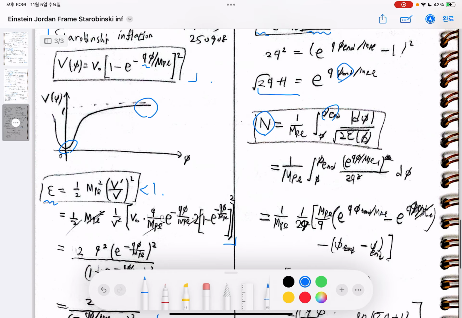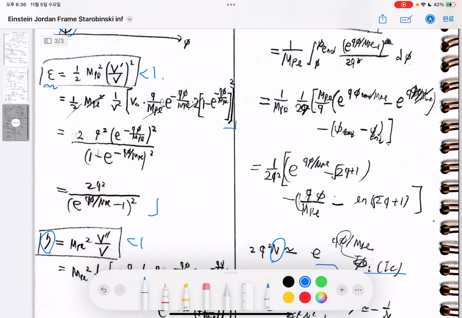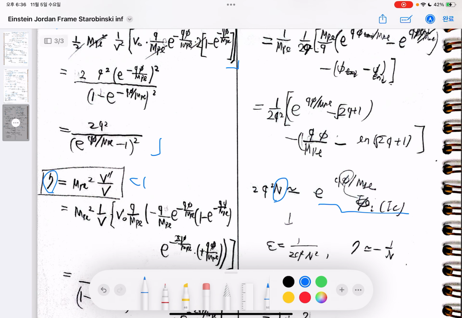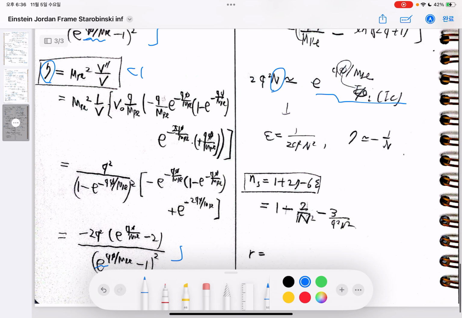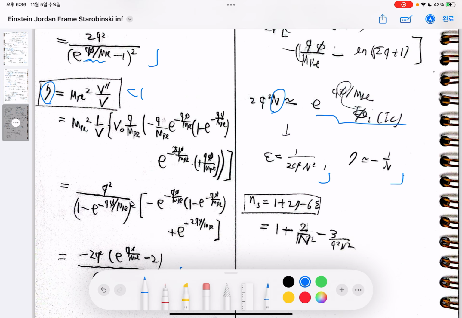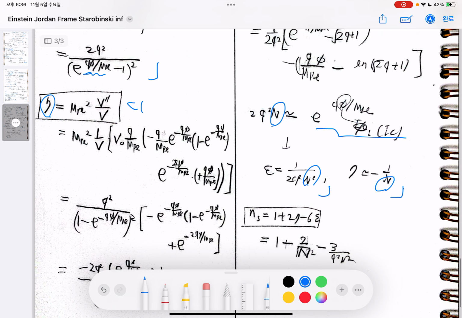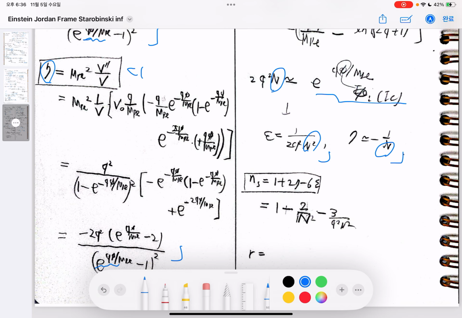We insert this relation for the initial and end field values. Then epsilon and eta are simplified in terms of the e-folding number. For explaining the inflation, the e-folding number is nearly 60, and for large N, small epsilon and eta can be satisfied.